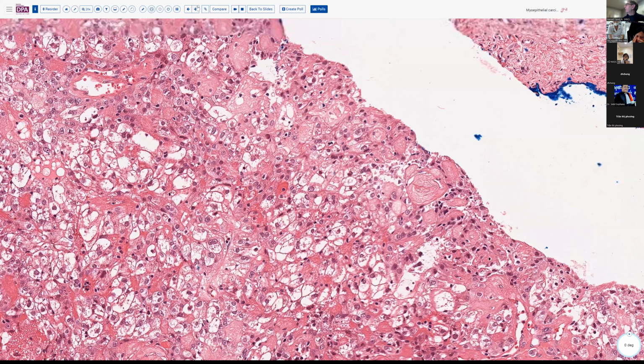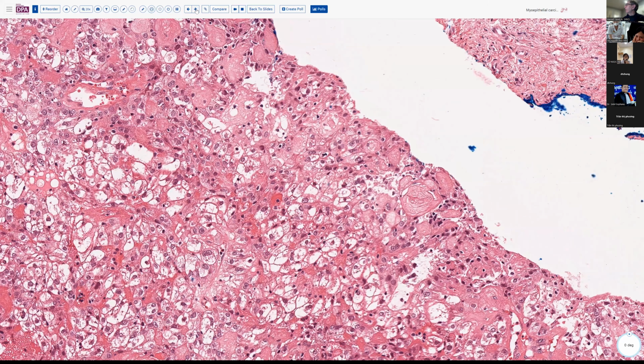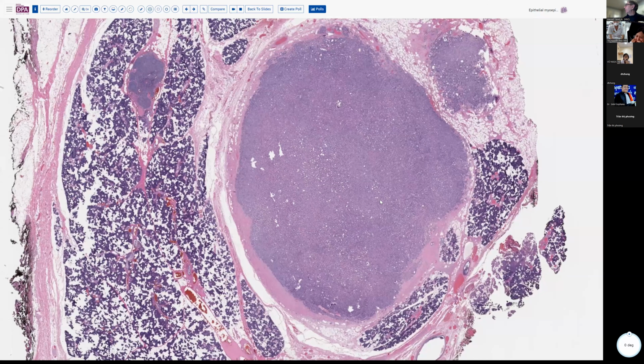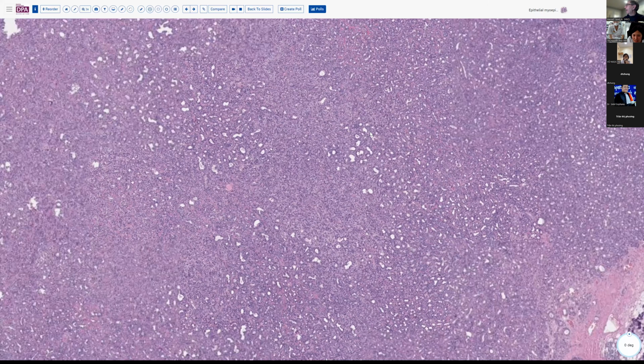So let's take a look at another case, just to further expand the differentiation. This is an epithelial myoepithelial carcinoma, so it has a little bit more epithelial component to it. And you can see that with these rounded ductal structures.